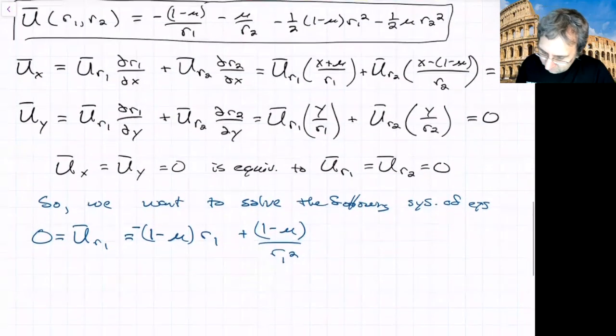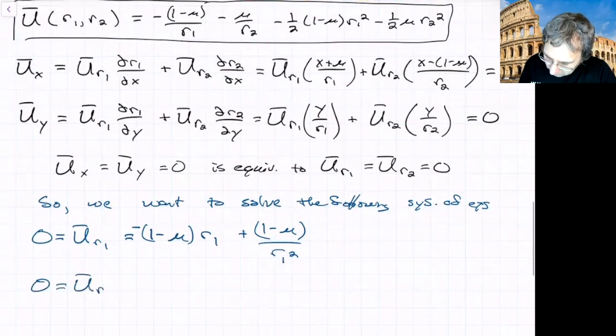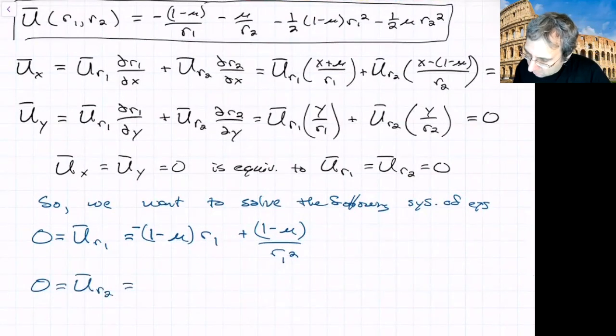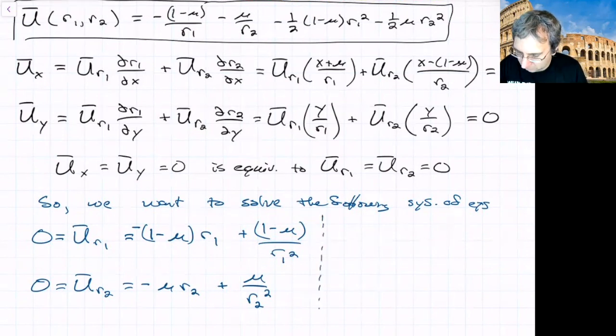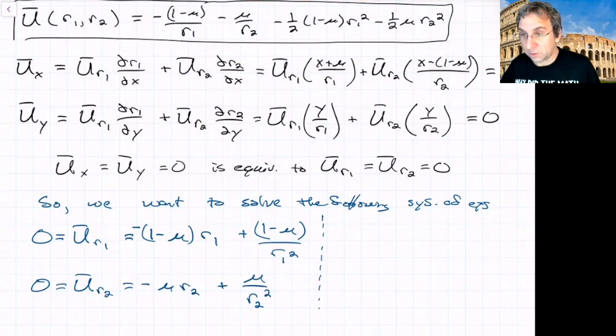Okay, so we have that. And then U bar R2, which is minus mu R2 plus mu over R2 squared. And how can we solve this? If you look at this, we need both of those to simultaneously be 0. Let's just start with the first one. It only is a function of R1, and there's a 1 minus mu.